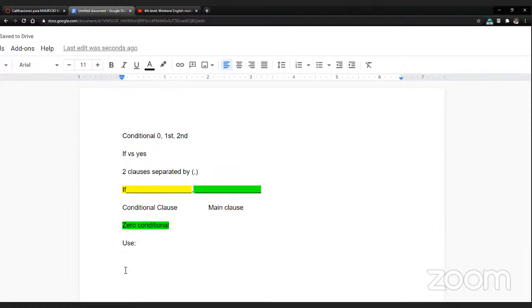Come on, guys, don't let me down. Who remembers the use of the zero conditional? The use means the definition. Come on, tell me.